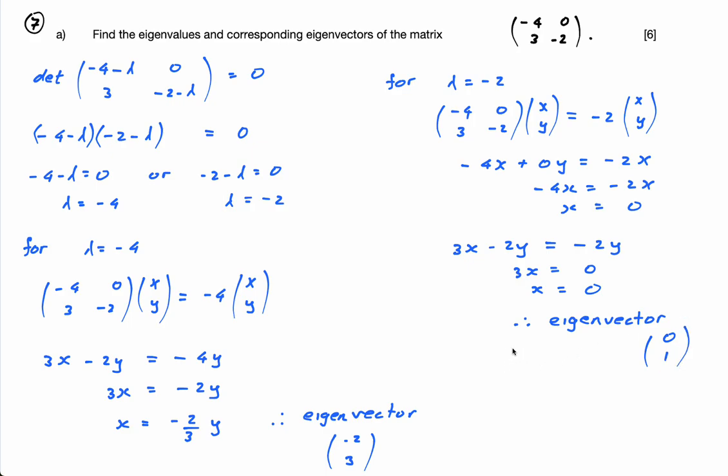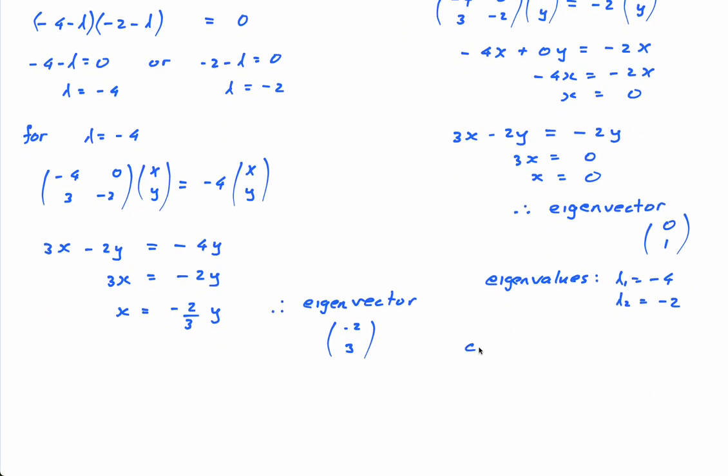So my eigenvalues are lambda 1 equals -4, lambda 2 equals -2, and I'll write the corresponding eigenvectors.